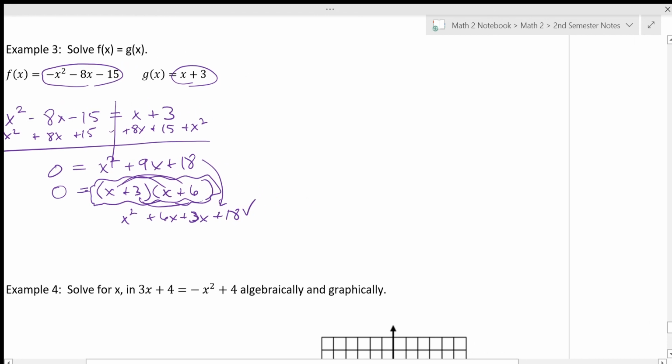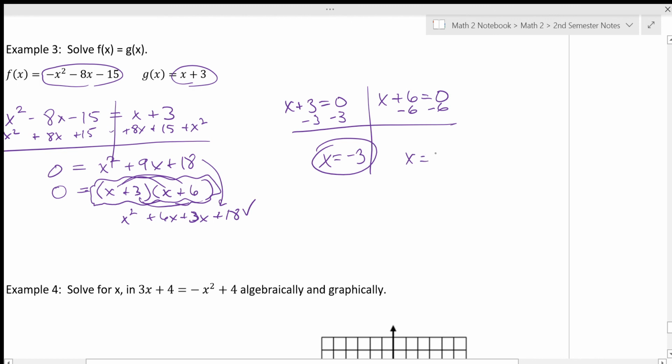And then to find my solutions, I'm going to set those both independently equal to 0. X plus 3 equals 0, x plus 6 equals 0, and that's going to give me my two solutions. X equals negative 3 and x equals negative 6.